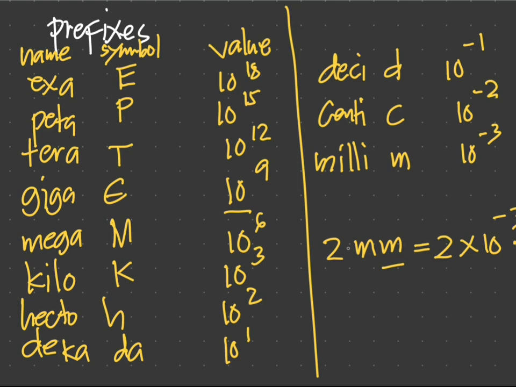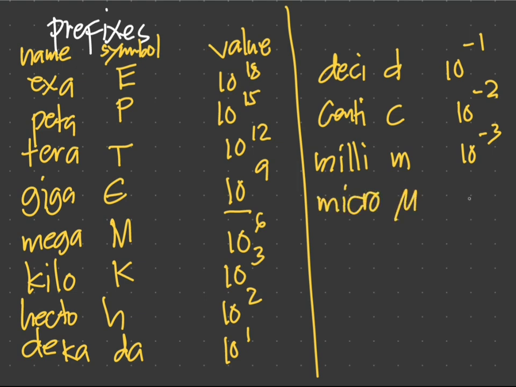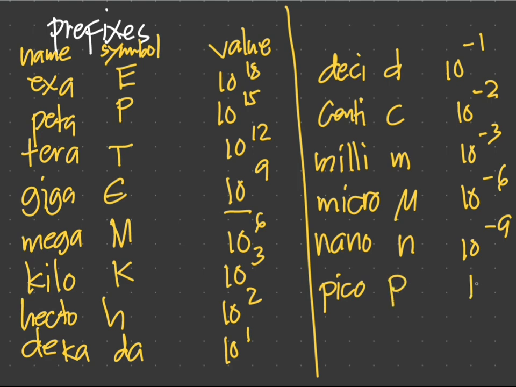Okay, let me write down the rest first. So we have micro. This is 10 to the negative 6. Then nano, which will be used later. This is 10 to the negative 9. Then pico, P, is 10 to the negative 12. Then femto, this is very useful.